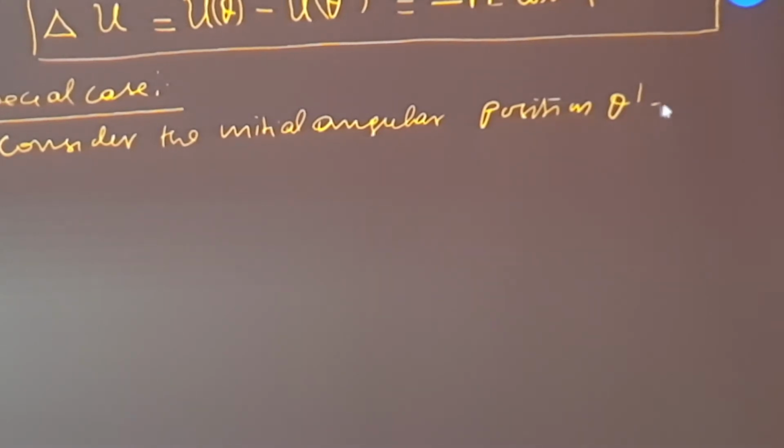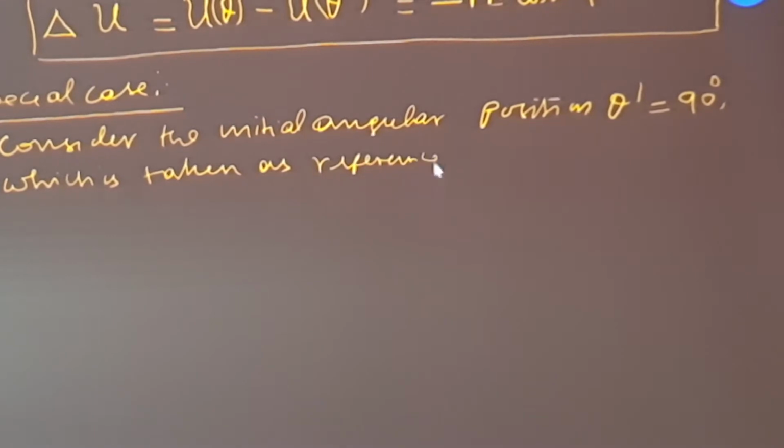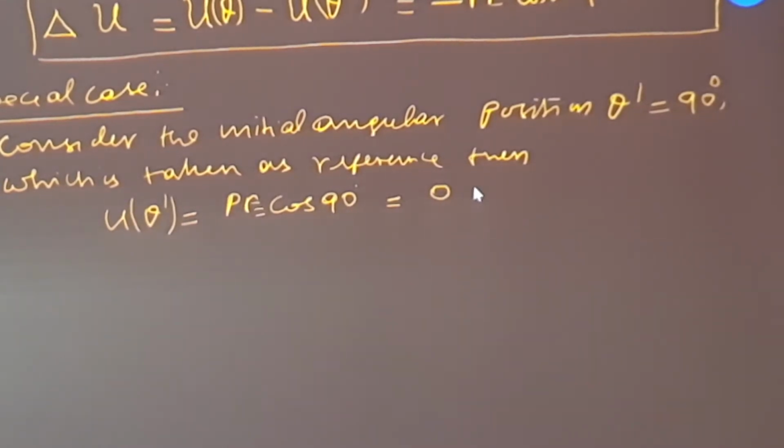If the initial angular position theta dash is equal to 90 degrees, that is, the dipole is placed perpendicular to the electric field lines, which is taken as reference, then the initial potential energy U of theta dash is equal to P E cos theta dash. Instead of theta dash, you put 90. Cos 90 becomes 0. So the initial potential energy is equal to 0.